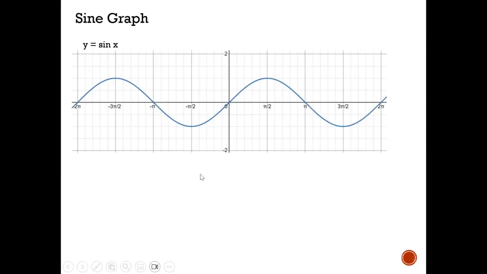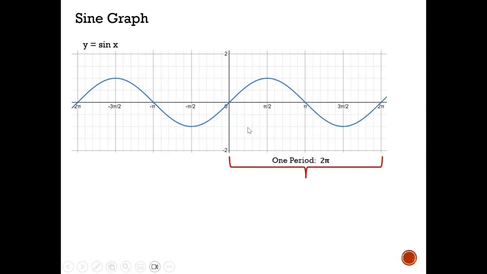Okay, now this is the parent function of the sine graph, and this is the parent graph. So everything that has to do with sine is related to this graph here. If you notice, this is called 1 period, which is 2 pi.